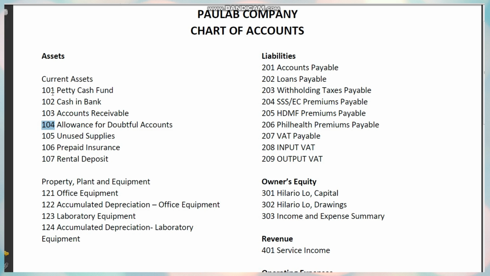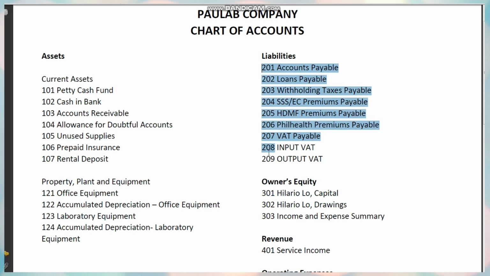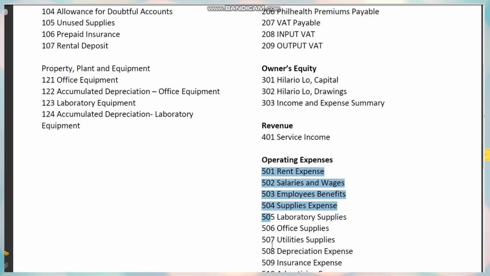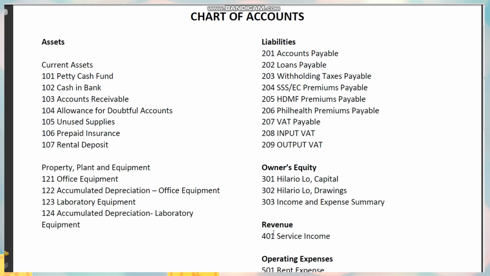As you can see in here, the pattern would be for current assets, they start with 1, and then for liabilities 2, for owner's equity 3, for revenue accounts 4, and for expenses accounts we use 5. This gives way for the addition of other accounts.